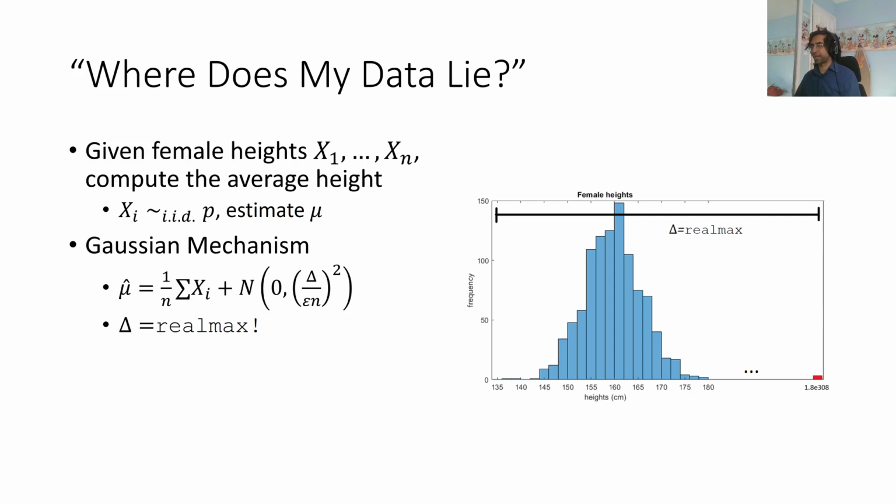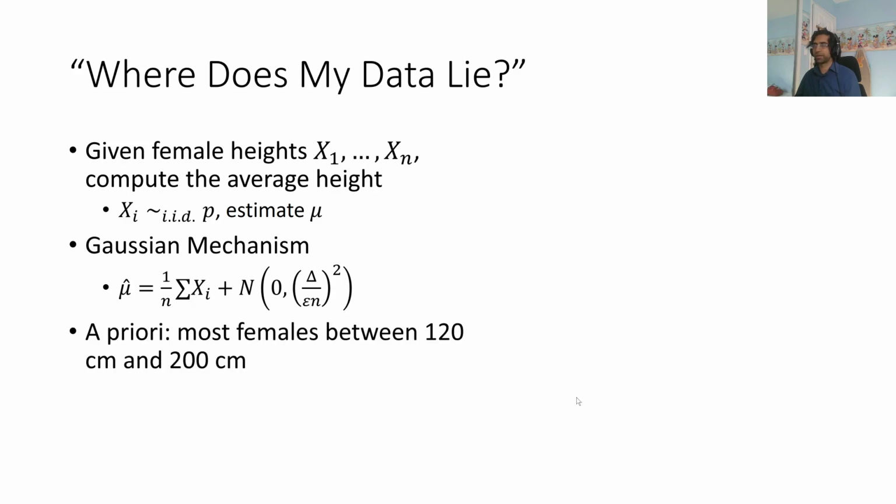Okay, but you might be thinking, this is a silly case, right? We have heights, what's a reasonable height? A reasonable height is maybe 150, 160 centimeters. 1.8 times 10 to the 308 is not a reasonable height. So this gives us a very first algorithm, which uses our prior information about the dataset. Not to be confused with a Bayesian setting, but this is a priori information which we had.